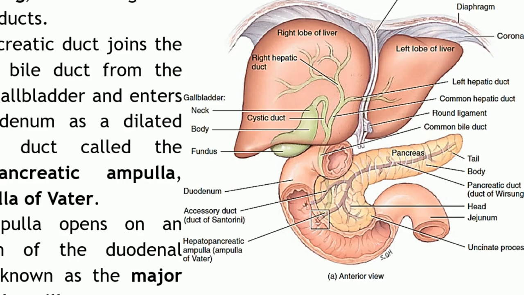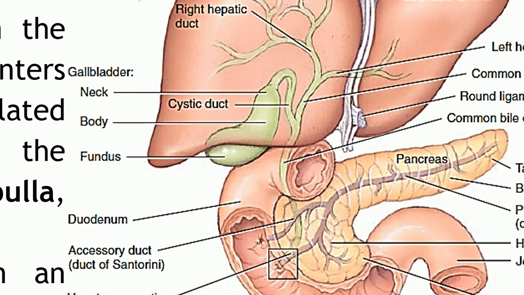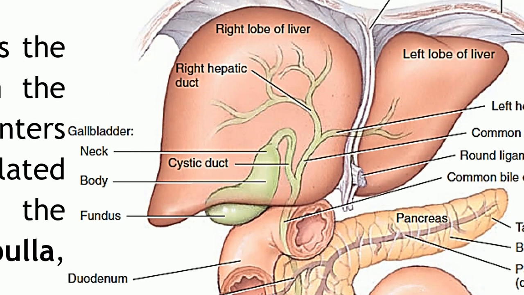I'll just zoom it for you. So this particular duct is actually coming from the liver. This is the liver, right? Superior to your pancreas lies the liver towards the right hand side. The liver produces the bile, which again is helpful in digestion.